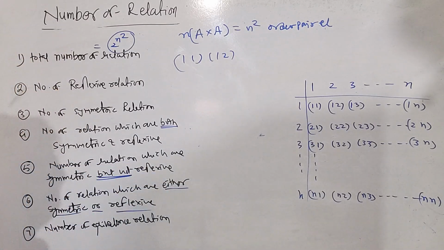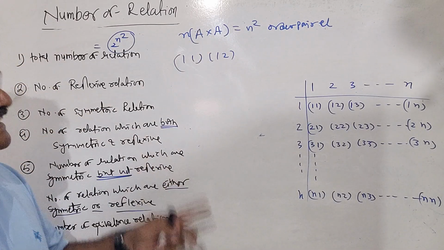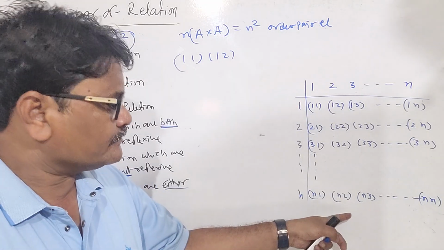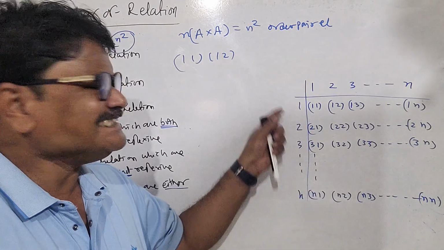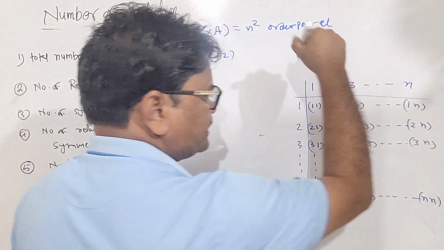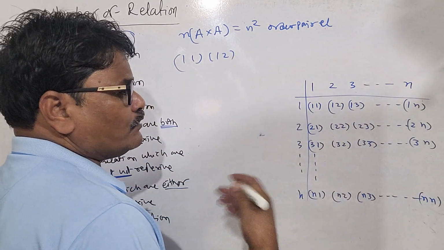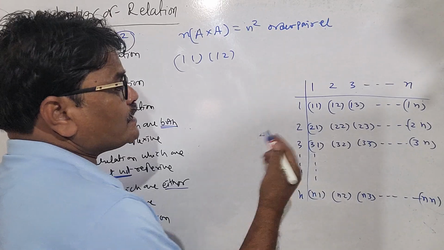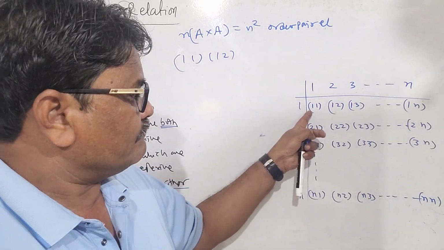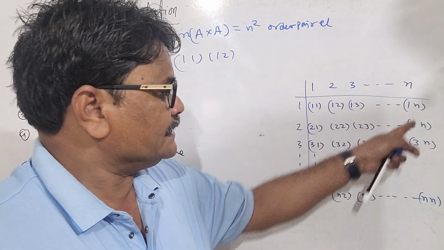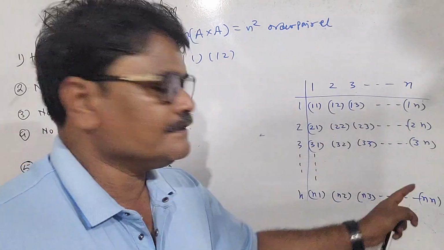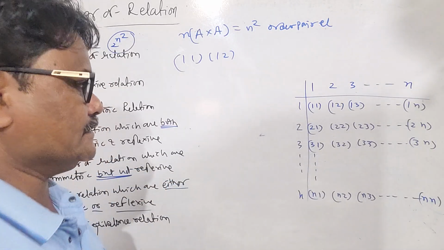These n square ordered pair elements we can plot in terms of a matrix. See, this is the matrix having n rows and n columns. So all the n square ordered pair elements we can plot over here like 1 1, 1 2, 1 3, 1 n, 2 1, 2 2, 2 3, 2 n, like that n 1, n 2, n 3, n n. Okay, this is the concept.